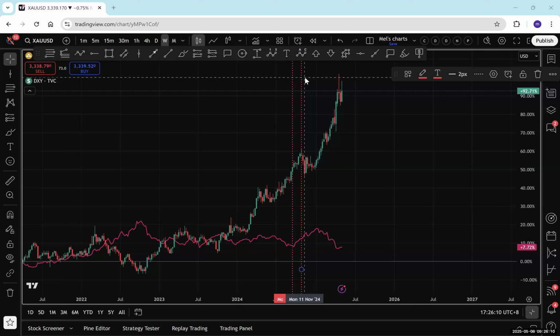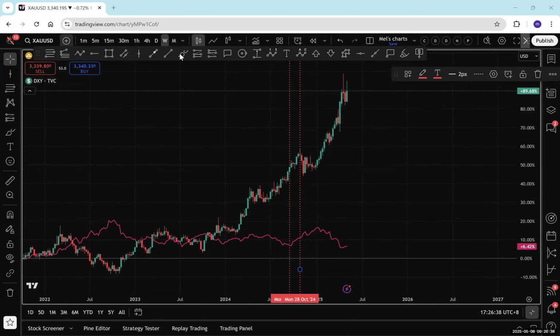If real rates fall, even if the dollar is strong, gold can still rise. And of course, monetary policy shifts will affect market expectations as well, like rate hikes or cuts, and these can cause complex moves in both the DXY and our gold as well. I hope that answers your question.